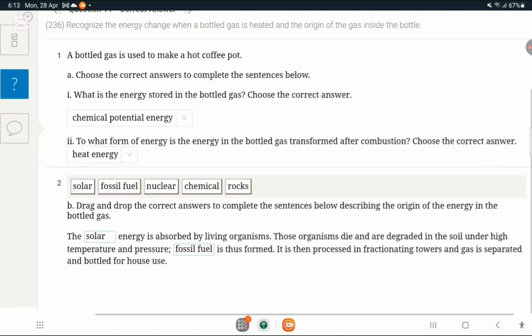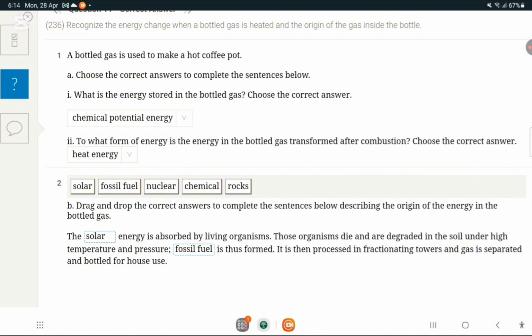Drag and drop the correct answers to complete the sentences describing the origin of the energy in the bottled gas. The solar energy is absorbed by living organisms, for example plants. Those organisms die and are degraded in the soil under high temperature and pressure. Fossil fuel is thus formed, because energy cannot be created nor destroyed.